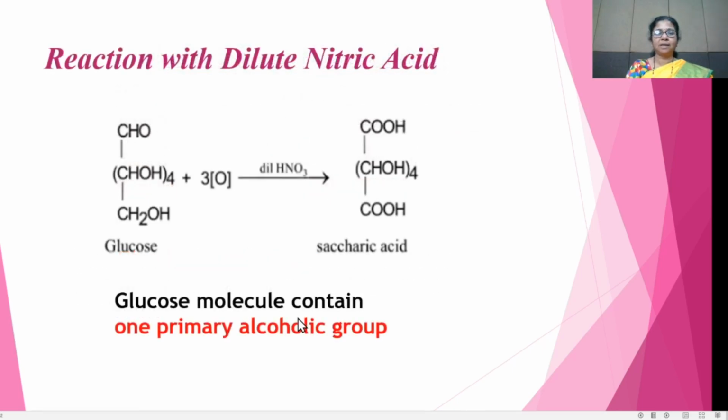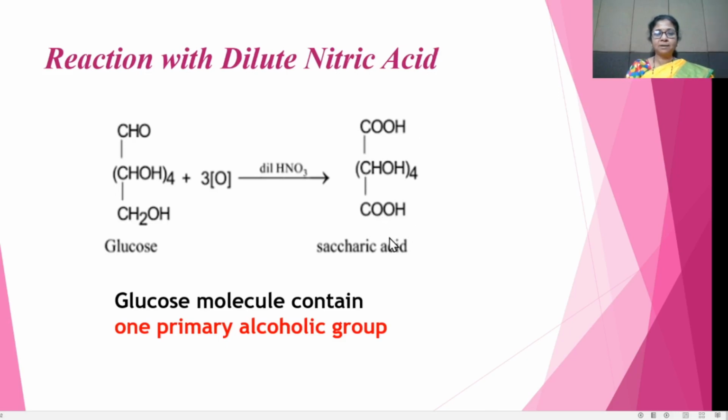Now see the next reaction, with dilute nitric acid. When glucose reacts with dilute nitric acid, oxidation takes place and saccharic acid is formed. That means 2 carboxylic acid groups are formed.